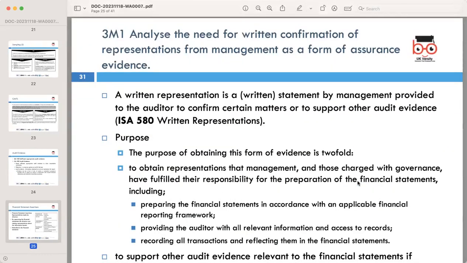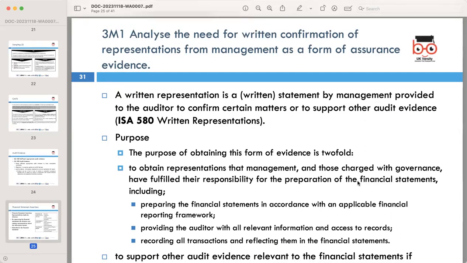Analyze the need for written confirmation of representations from management as a form of assurance evidence. Why do we need these written statements? There are two main reasons. First, we want to make sure that the people in charge, that's management, did their job when it comes to making the financial statements.